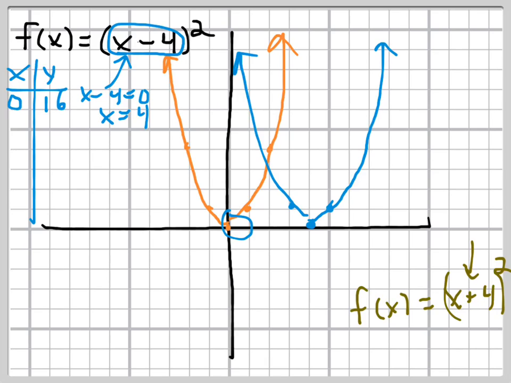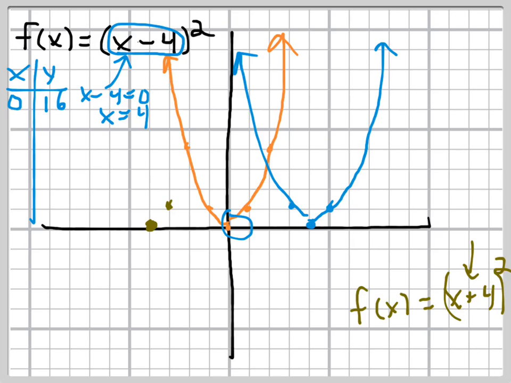No, negative 4, yeah, good. So if I'm adding 4 inside the parentheses, I'm not moving it to the right 4 like I'd expect. In fact, if I put in positive 4, I'd have 8 squared, 64. That's off the charts. I have to put in negative 4 to get this inside to be 0.